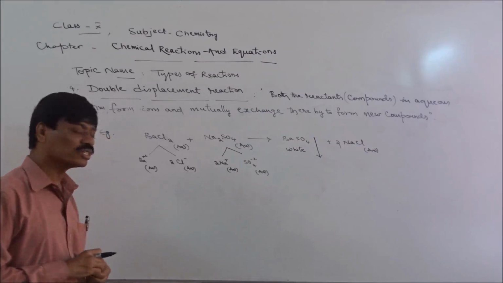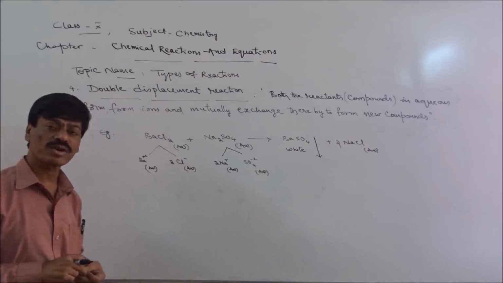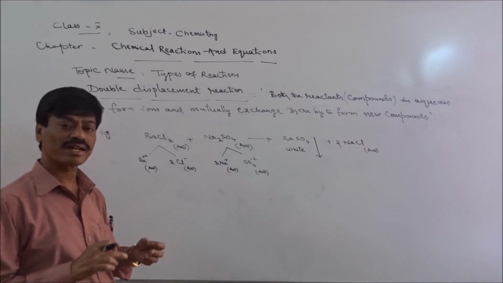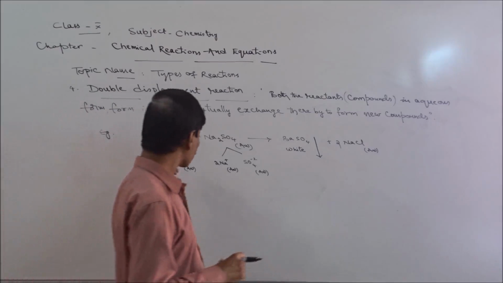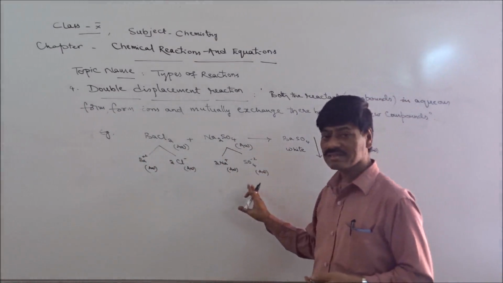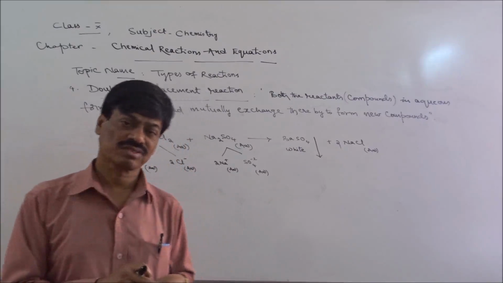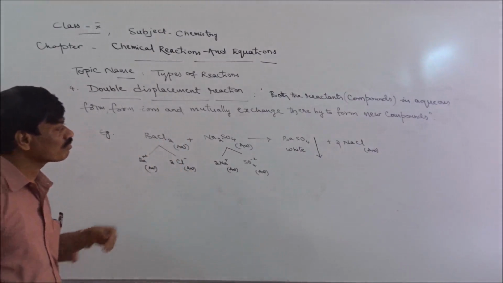Before the reaction takes place, we are making aqueous solutions of barium chloride and sodium sulfate separately. And each compound in aqueous form will have its own ions. And these ions will mutually exchange to form the new products.